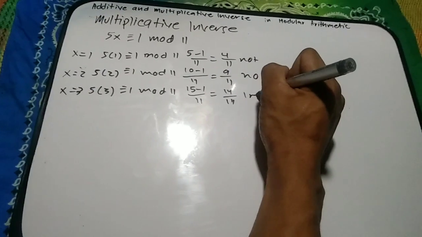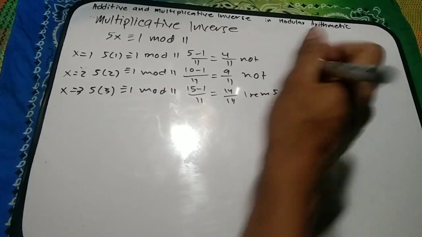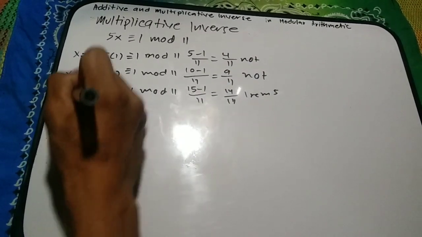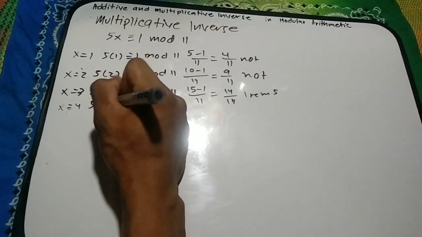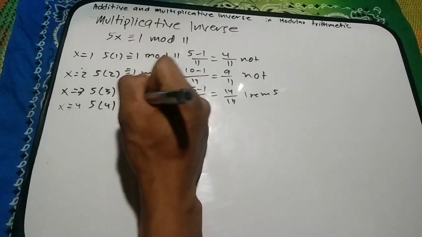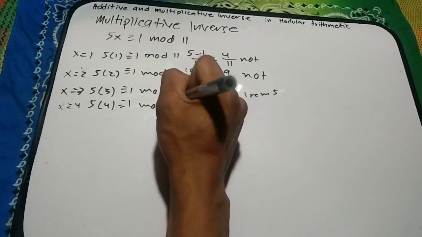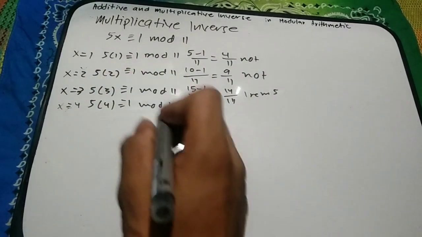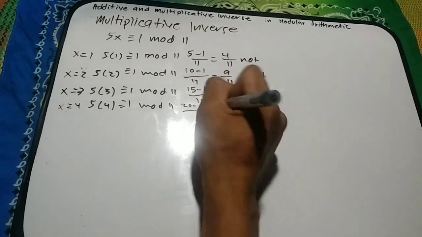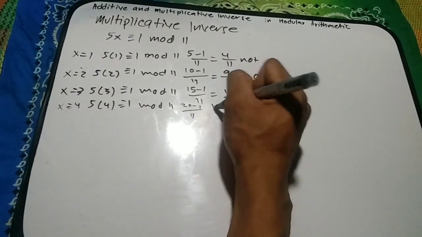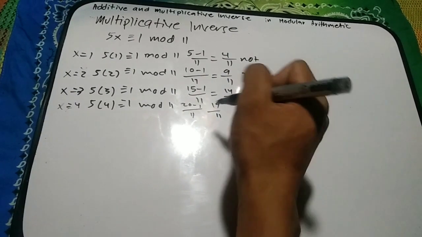The answer is 1 and the remainder is 5, not a solution also. If x is equal to 4, 5 times 4 is 20, minus 1 over 11 is 19 over 11.